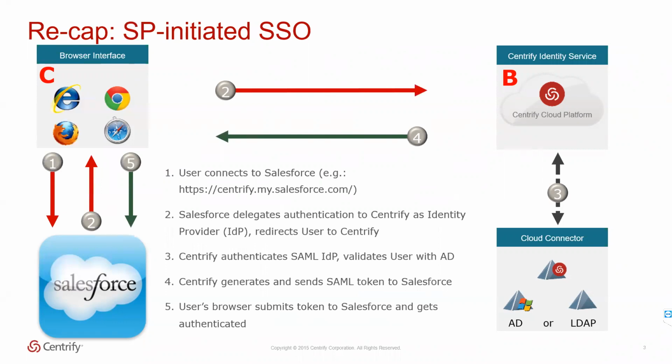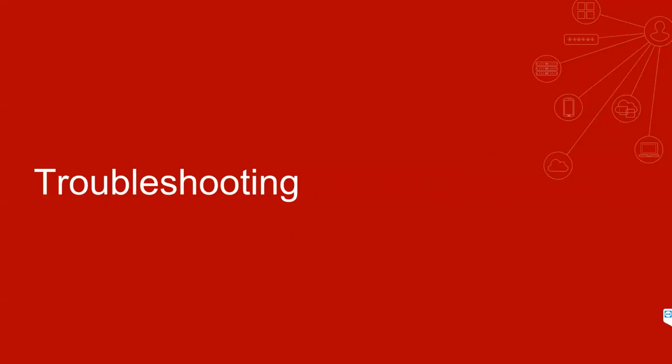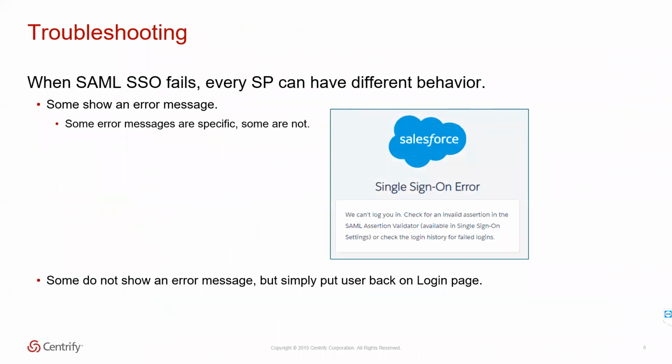And last time I showed you a configuration of SAML between Centrify and Salesforce. I hope many of you have actually tried that. And whether or not you have run into errors, that's what this session is about. So when single sign-on fails, which happens quite a bit during integration time, what can we do?